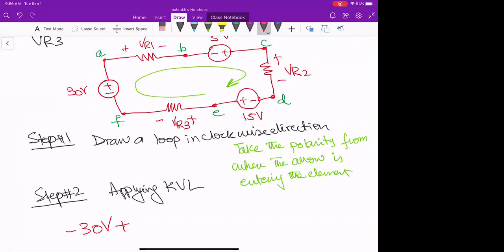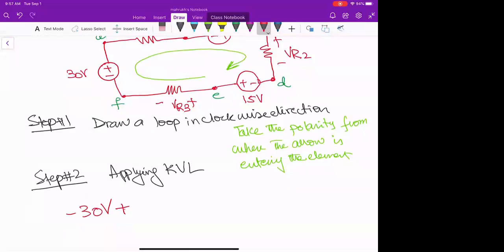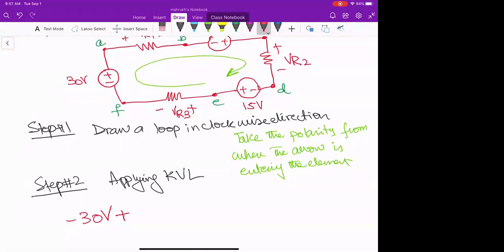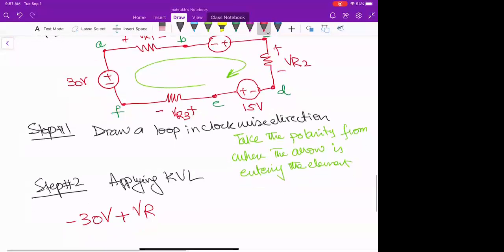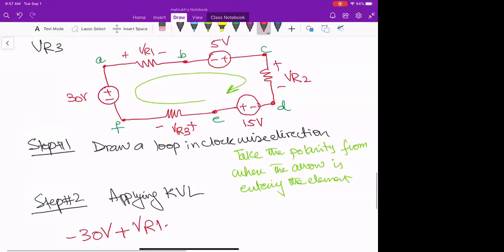From where the arrow is entering the element? Positive side. Positive, right? VR1. Similarly, minus 5 volts plus VR2 minus 15 volts plus VR3.